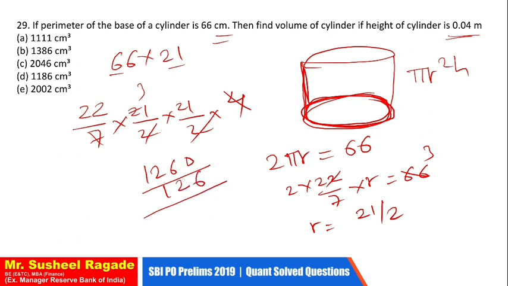Let me check the multiplication. 66 into 21, yes, this is correct.